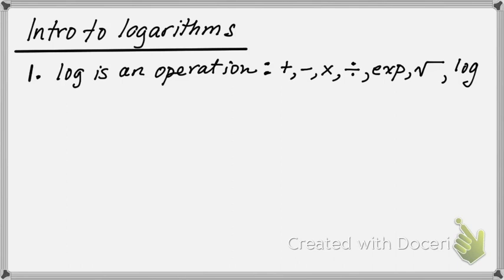Well, what does that mean that it's an operation? Well, just like addition and subtraction are operations, log is an operation. For instance, if I have the number 2 sitting here, minding its own business, and then I operate upon it, I know what that means value-wise. I had 2, now I have 3. If I do subtraction, I had 2, now I have 1.